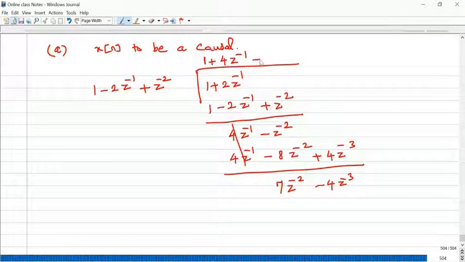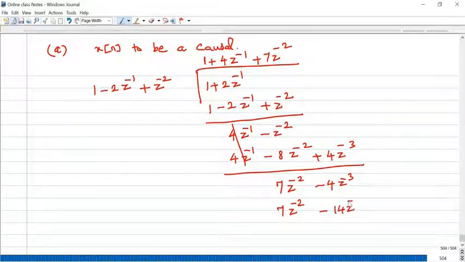Now select a factor such that it cancels this 7 z power minus 2. So 1 is there, so 7 z power minus 2, 7 z power minus 2. Next, 14 z power minus 2 plus 7 z power minus 4.